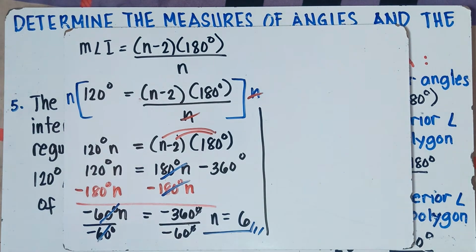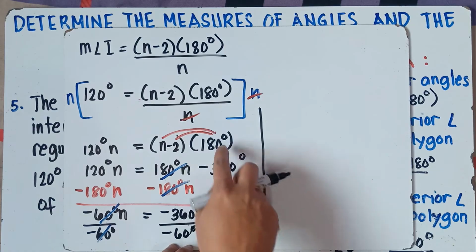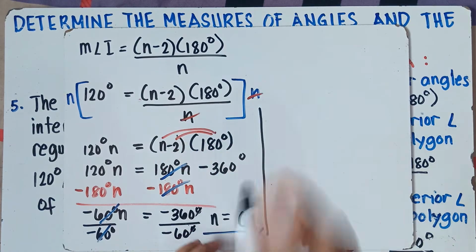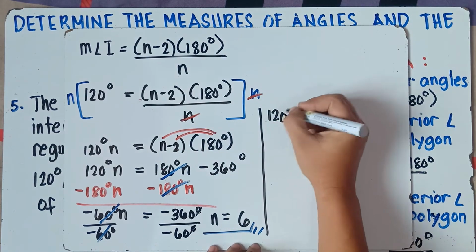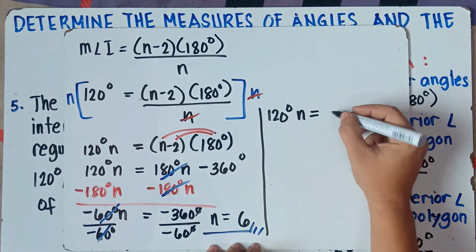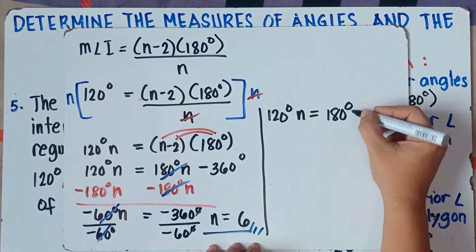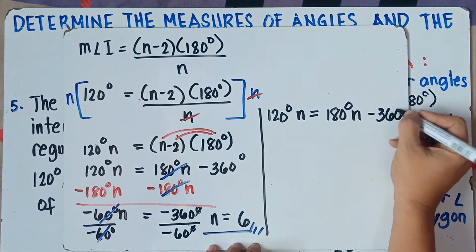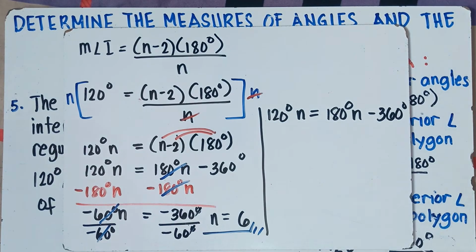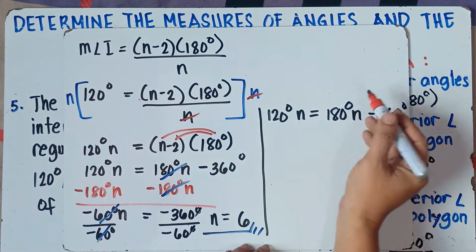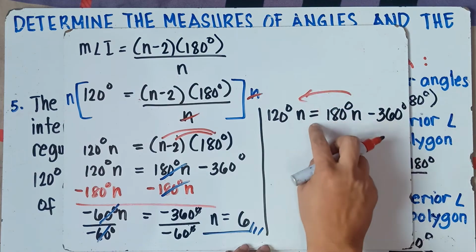But once again, class, there are so many students confused with these properties of equality. We have another solution, class. In this scenario, once you're done with the distributive property, I will give you the second solution for you to choose. Which do you prefer? Alright, so second solution, we can just simply transpose 180 degrees n from right to left of this equal sign.